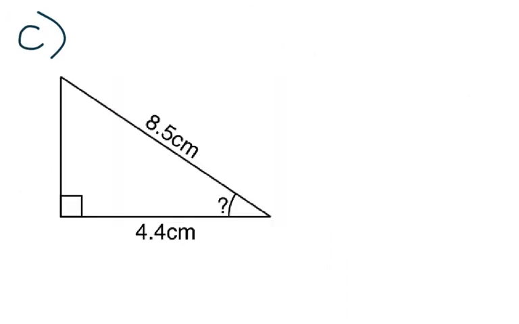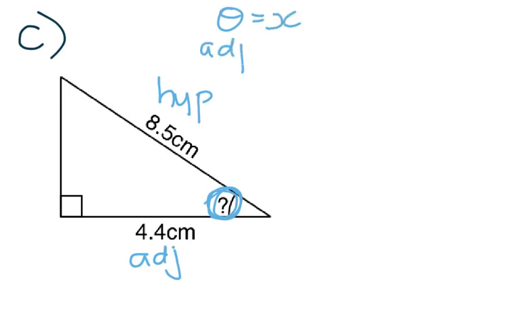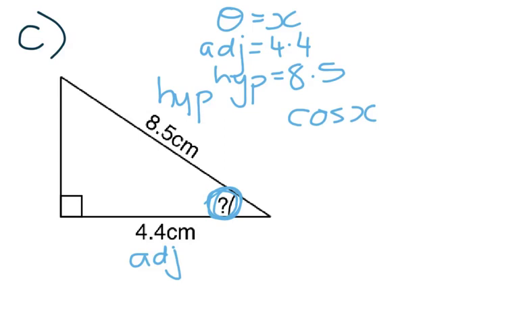This next part here, again, we're looking and we've got an unknown angle this time. So we need to label our sides. The 8.5 centimetres is opposite the right angle, so that must be the hypotenuse, which makes this one here, being right next to the angle, the adjacent. We write down what we know. The angle this time is x. The adjacent is 4.4 and the hypotenuse is 8.5. Then we write it in and substitute it into our formula. Cosine of x is equal to the adjacent, which is 4.4, divided by the hypotenuse, 8.5.